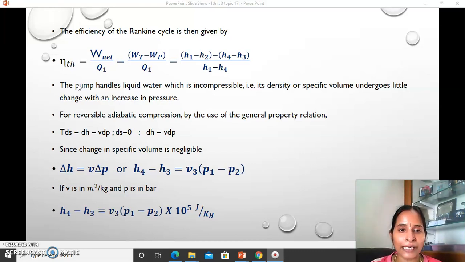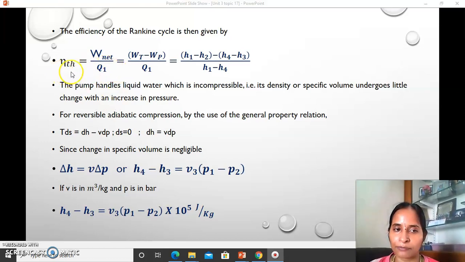That has to be evaluated, and only then can we know the exact working efficiency of the overall thermal power plant.